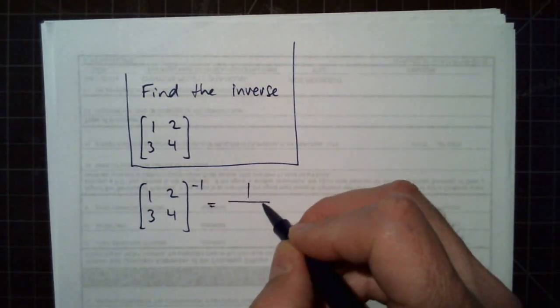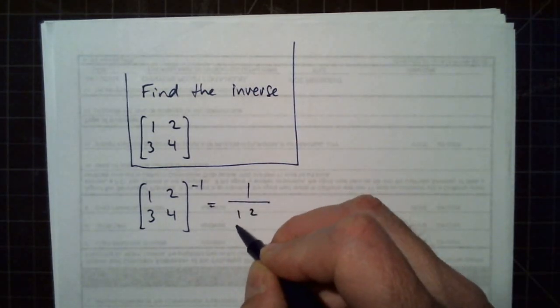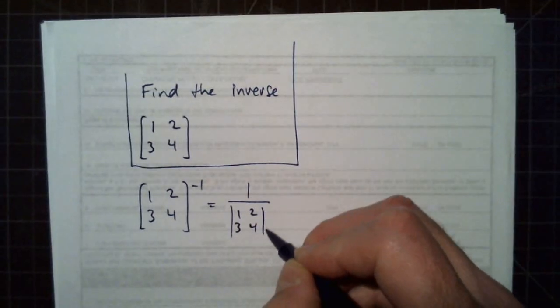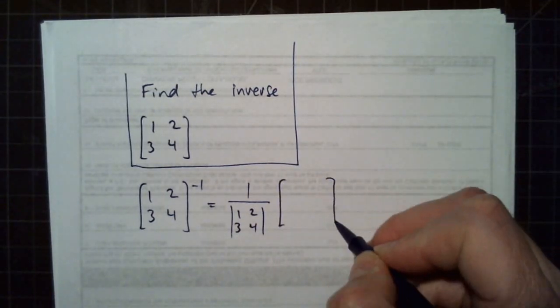It's going to be 1 over the determinant. And then we're going to rearrange the elements.